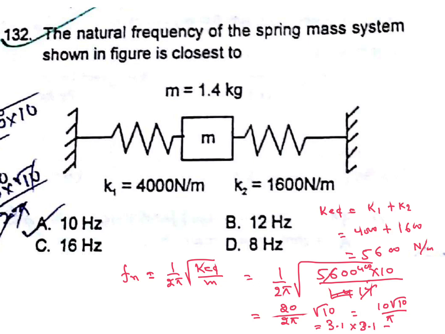So we will get 9.5 or 9.6. So approximately A is our answer. Without a calculator, you have to go for the approximation method. You will get around 10 Hz.